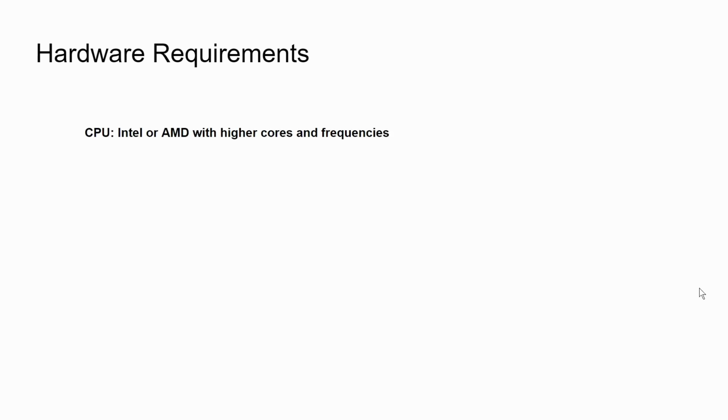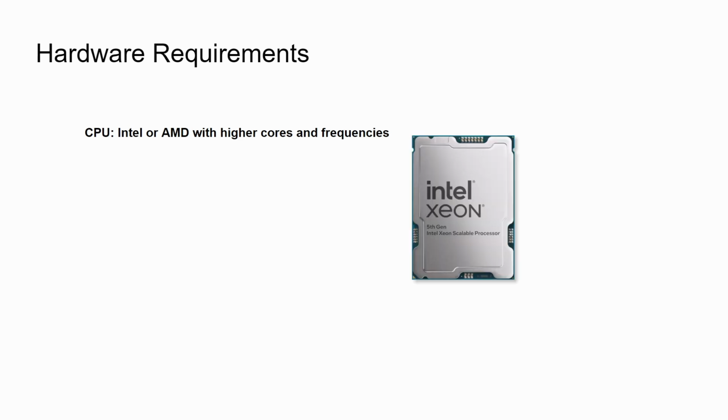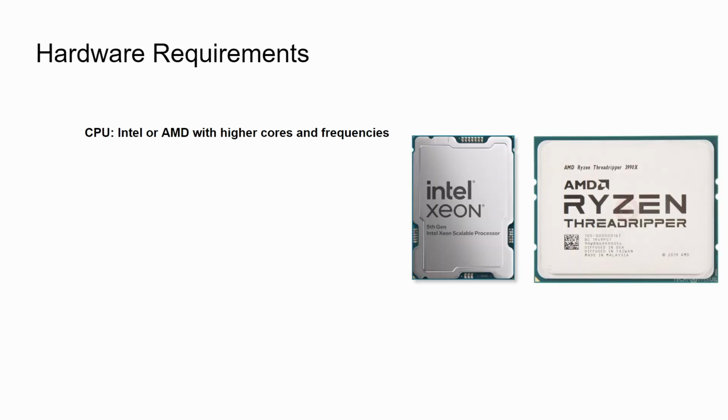For a consumer-level computer, you will need powerful CPUs like Intel Core i5, i7, i9 or AMD Ryzen 7 or 9000 series desktop CPUs. But if you want more performance, then you would need workstation-grade CPUs like Intel Xeon or AMD Threadripper CPUs.